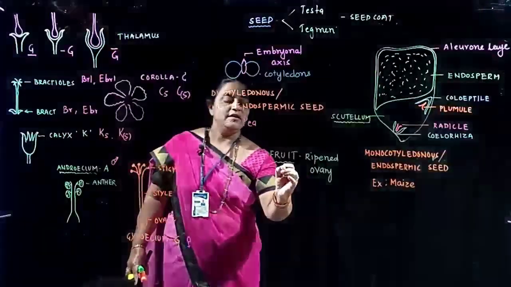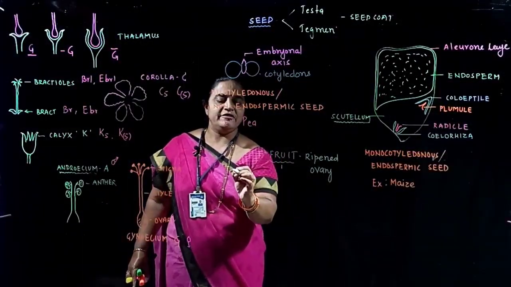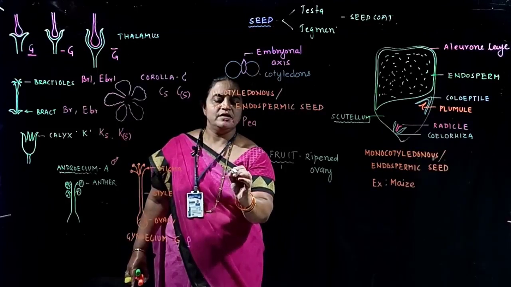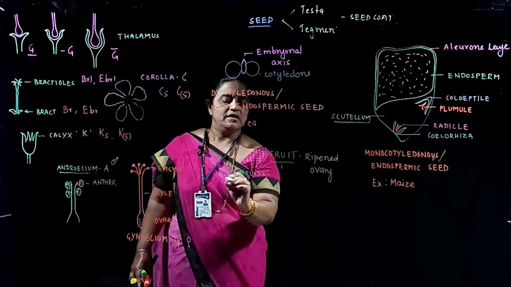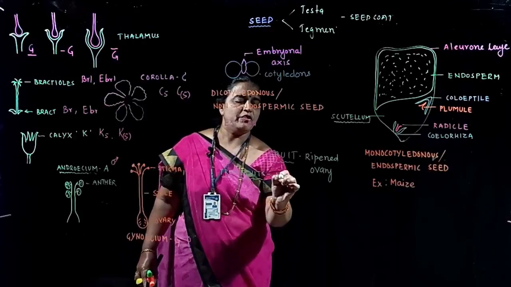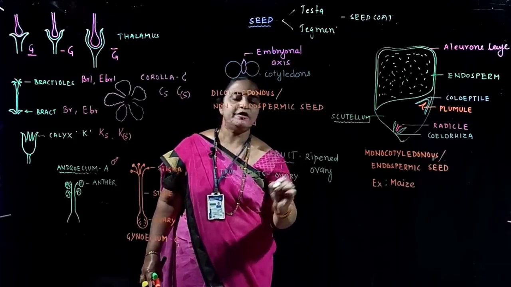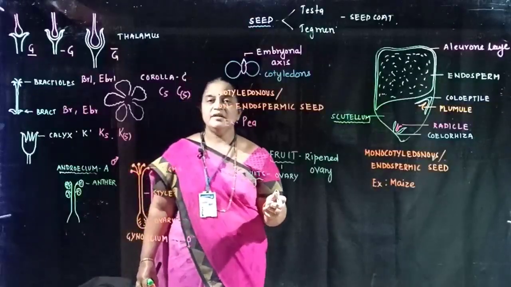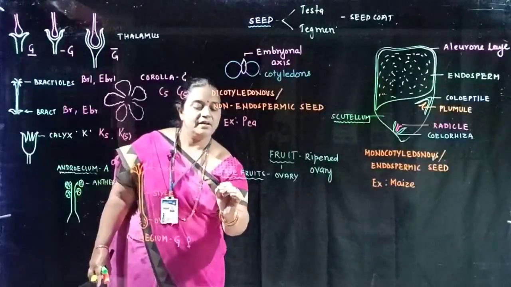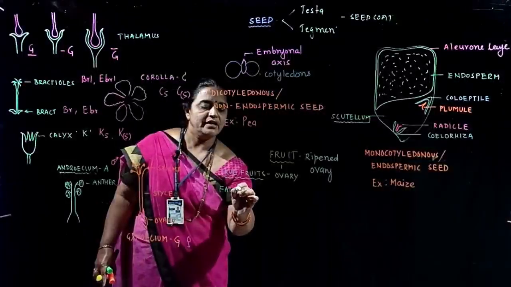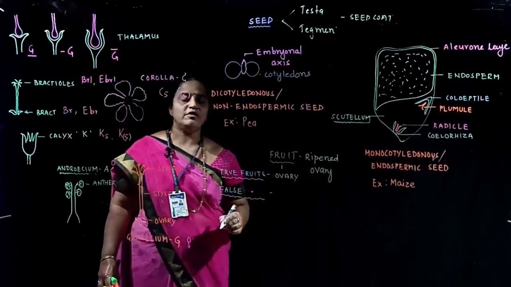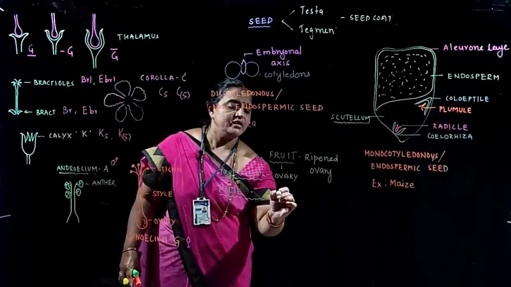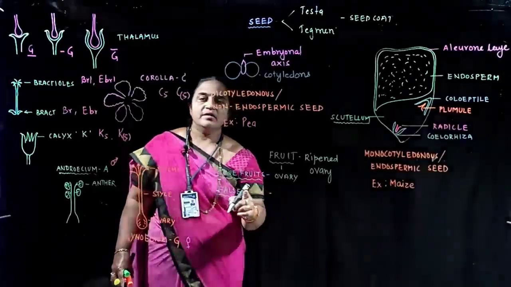Like that, fruits are classified as true fruits. The fruit developing from the ovary is said to be a true fruit. Example, mango. Sometimes the ovary fails to develop into fruit, then it is known as a false fruit. Example is apple.